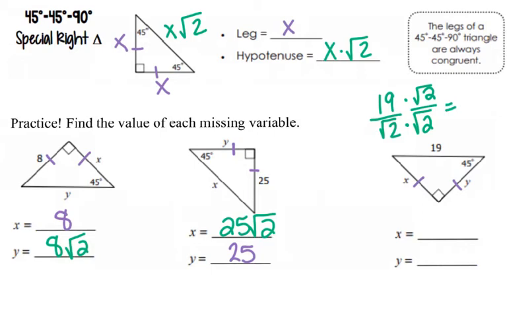If I multiply the top, 19 times the square root of 2 is 19 square root of 2, over, and you can do this in a calculator, the square root of 2 times the square root of 2 is just 2. None of that reduces, so x and y are 19 square roots of 2 over 2. And once again, that was just working backwards because we were given the hypotenuse and we had to find the leg.